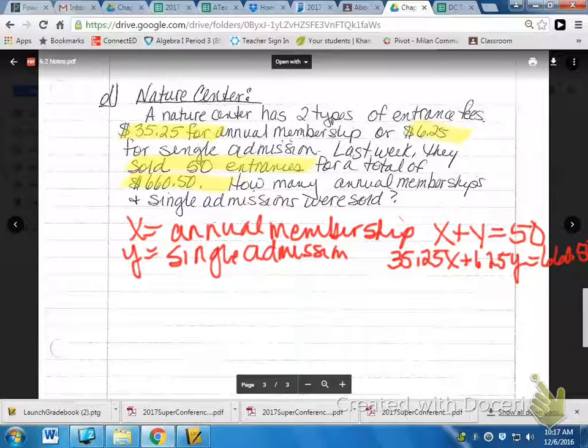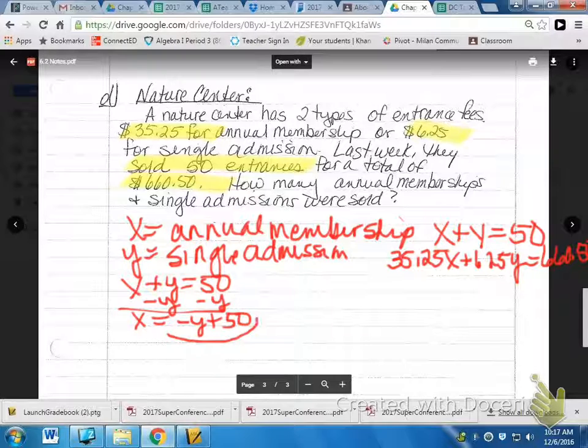Okay, now let's take that top one, X plus Y equals 50, and let's make it an X equal. Okay, sound good? Subtract Y. So X equals negative Y plus 50. We're going to take that amount and we're going to plug it in place of X, right?